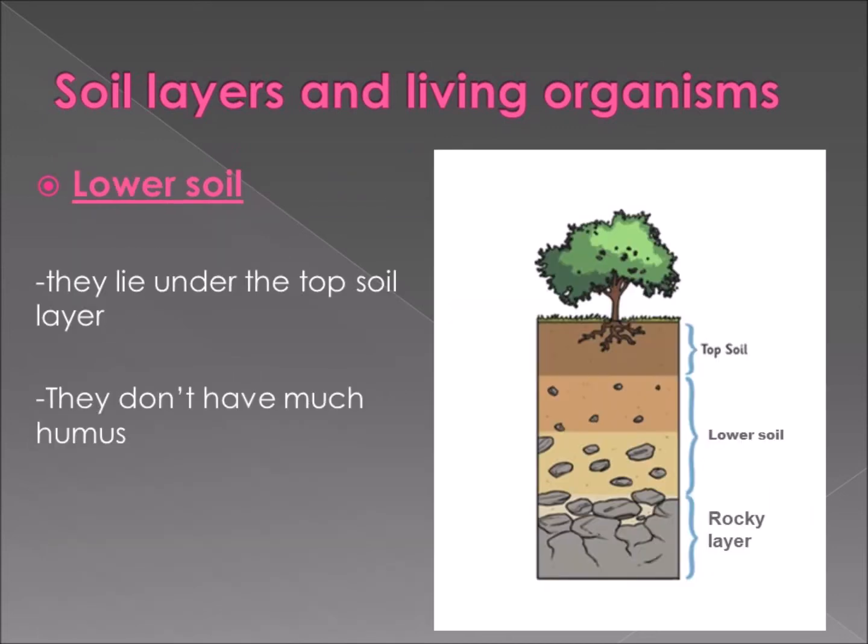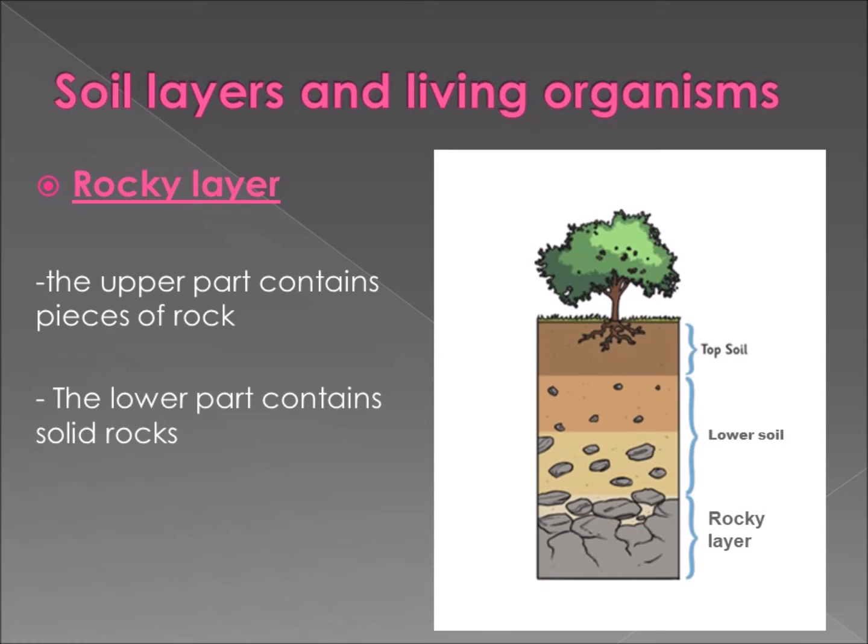Let's talk about the second layer, the lower soil layer. It lies under the topsoil layer and it doesn't have much humus. This is a very important piece of information: the layer that doesn't have much humus is the lower soil layer. The third one is the rocky layer.